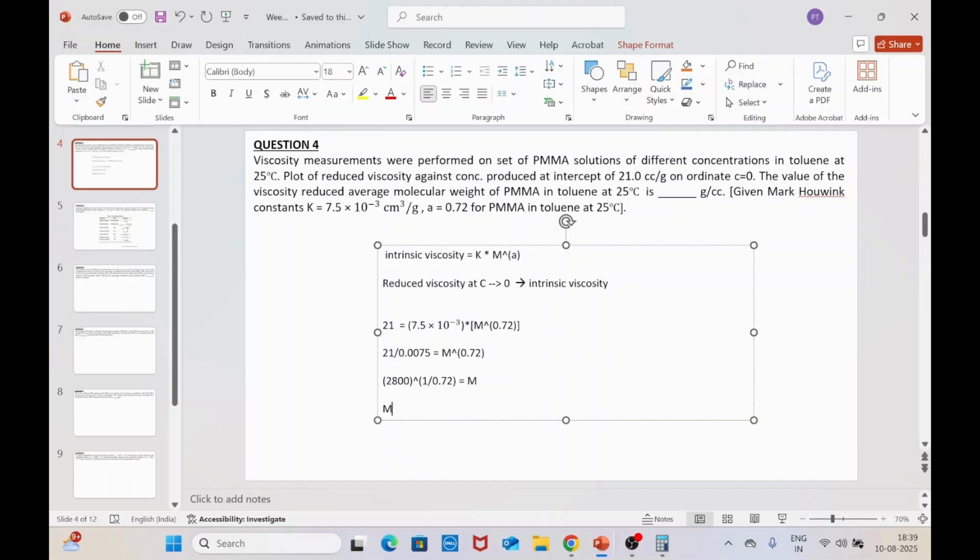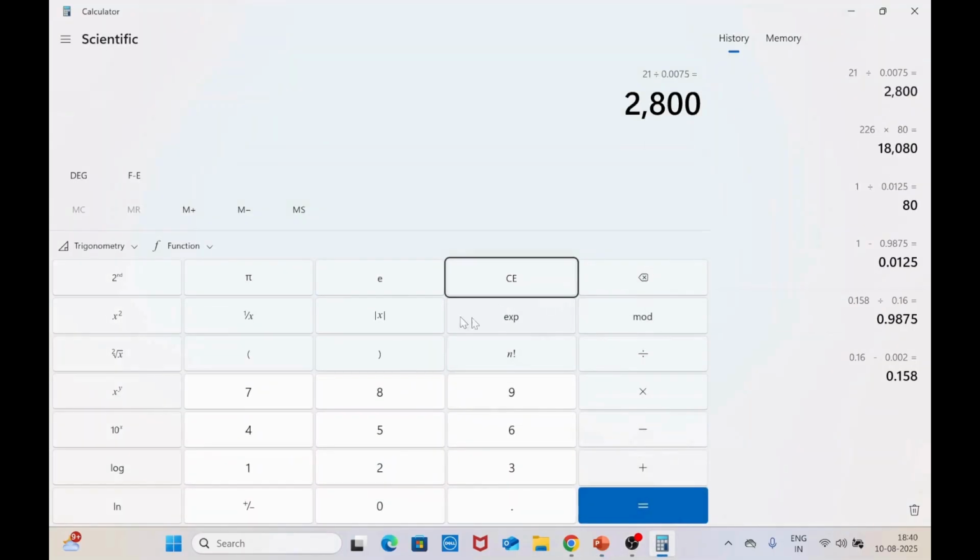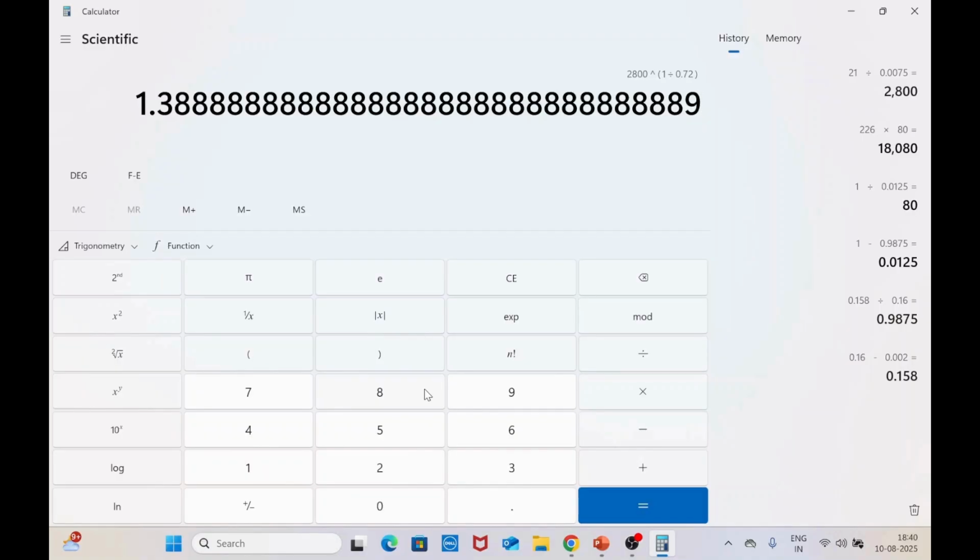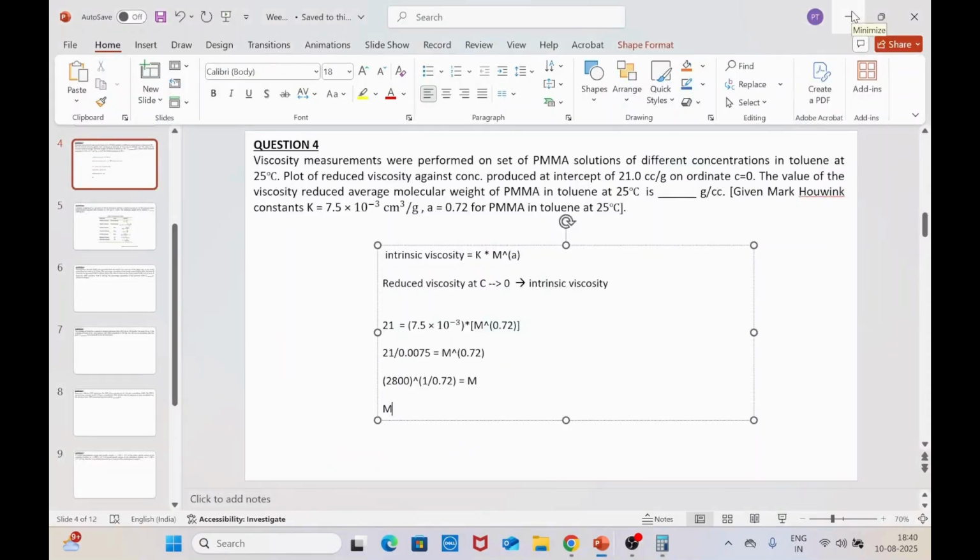Then it's just about another round of calculation. 1.38.